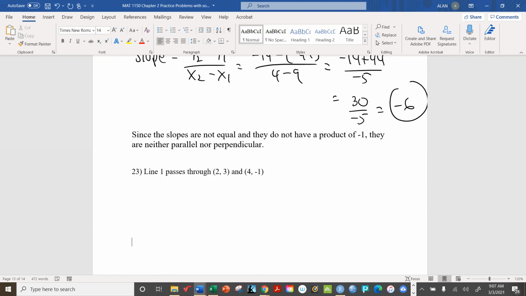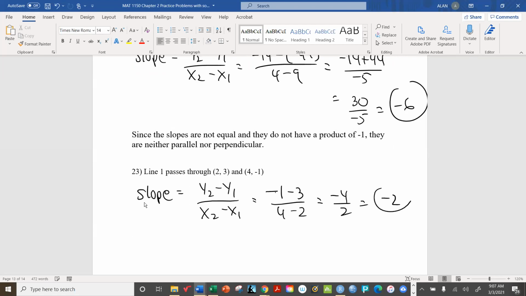So the slope is negative 1 minus 3 over 4 minus 2. All right, well, that was pretty easy. And how about the next one?